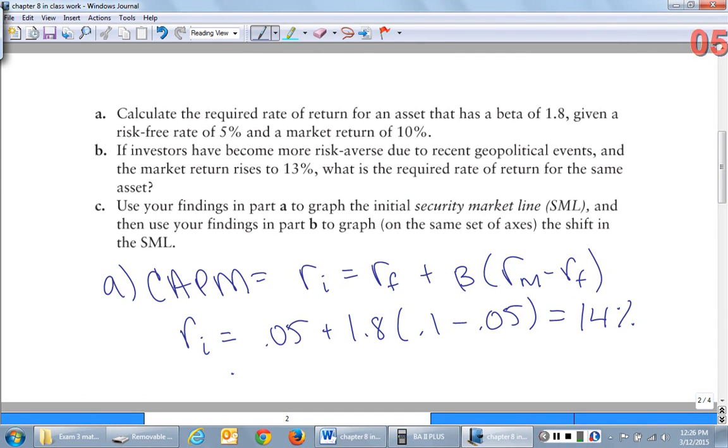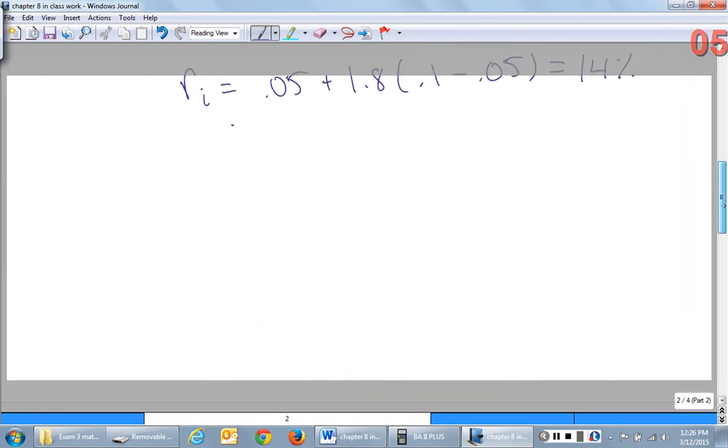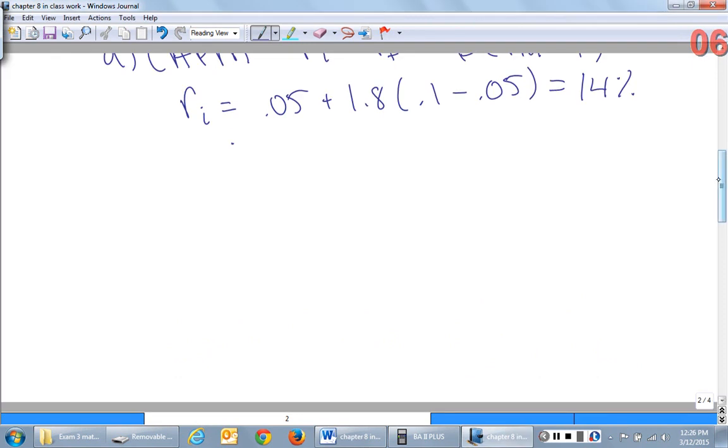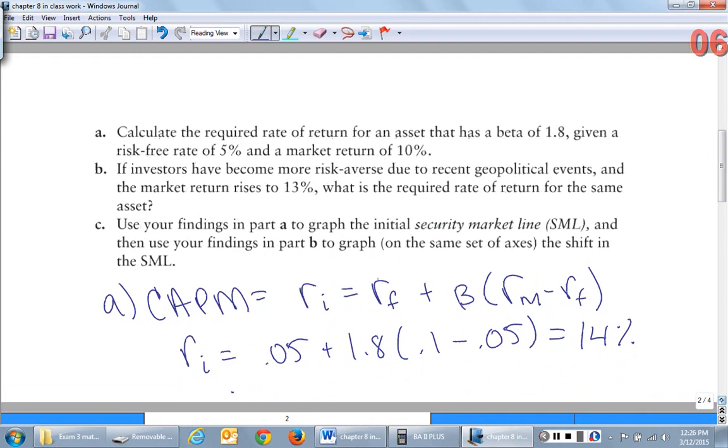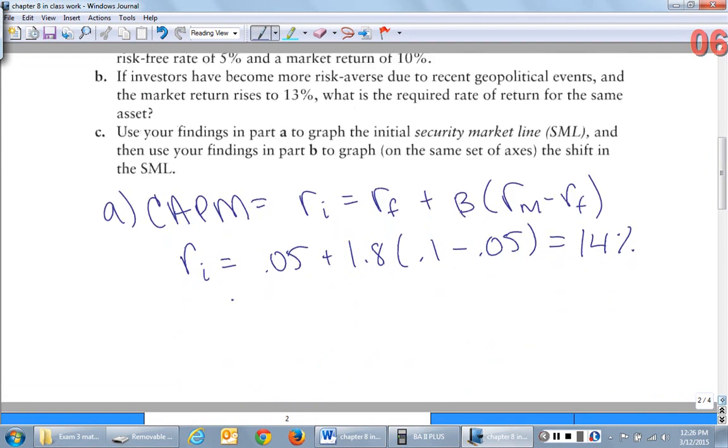If investors become more risk-averse and the market return rises to 13%, what happens to the required rate of return? So part B, the required rate of return, the risk-free rate has not changed.